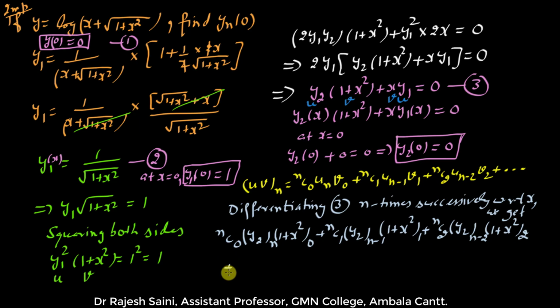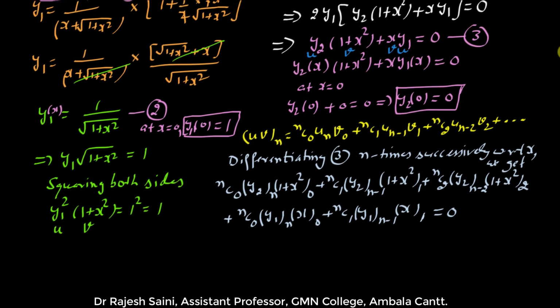Plus nC0 y1 nth order derivative of x, plus nC1 y1 (n minus 1) into first order derivative. Applied the Leibniz theorem upon this, after first order derivative of x, second order will become 0. Similarly, third order derivative of 1 plus x square will become 0, so therefore only these terms are written, and here only two terms are written. This is further equal to 0.